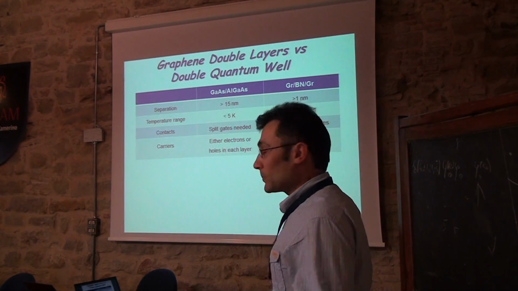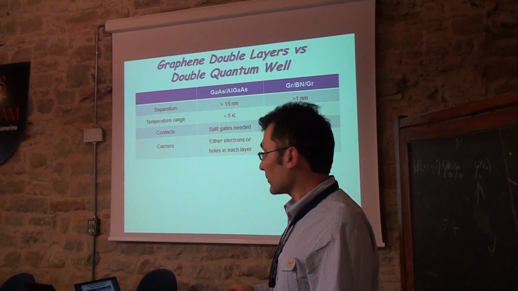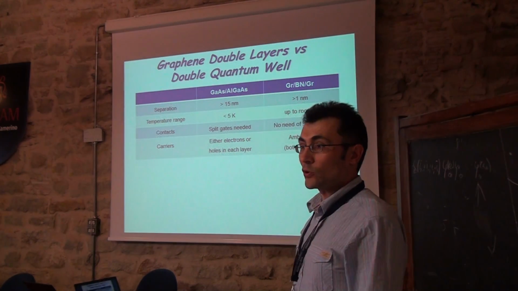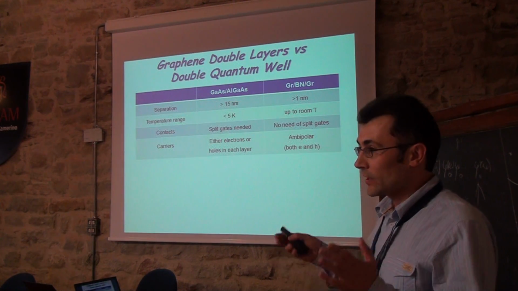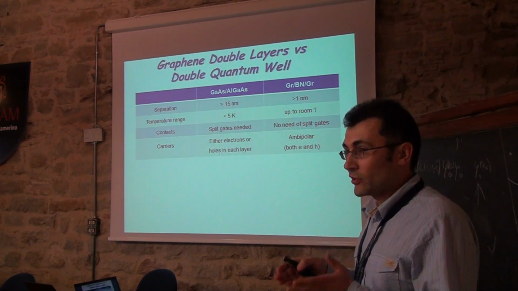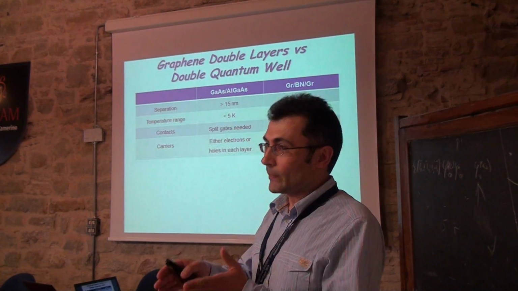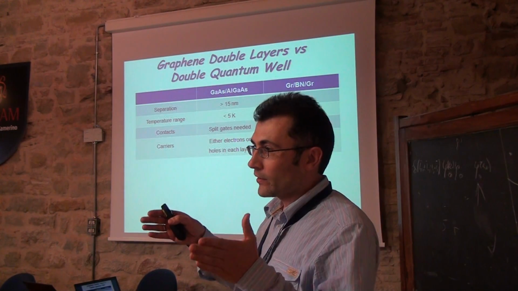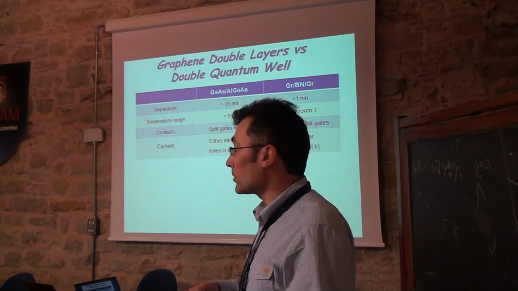So what is so special about graphene boron nitride structures? Why are they so good compared to everything that we have studied before? First of all, it's the separation between the 2-dimensional electron gases. In gallium arsenide structures, the smallest separation that we can obtain is 15 nanometers. Obviously we try to make the two gases as close as possible, but we cannot make the barrier too thin because then there will be strong tunneling between the two quantum levels.